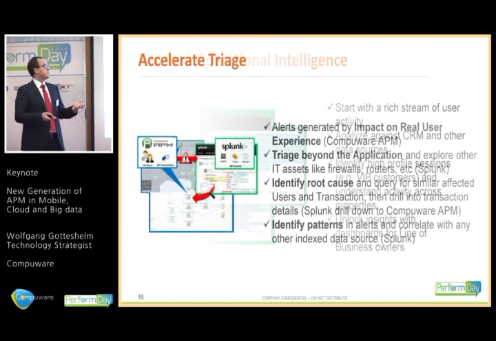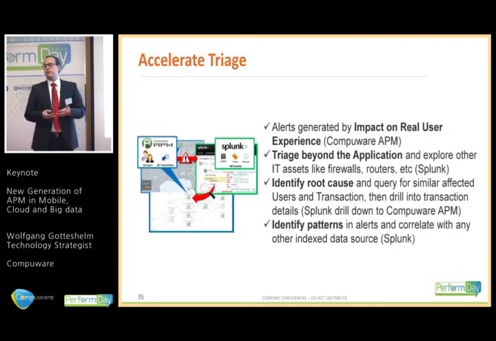What you can also do is accelerate the speed at which you fix issues. For triaging issues, for identifying where a problem is located, what can I do about it, what is going wrong, you can accelerate that by integrating Compuware APM with Splunk.